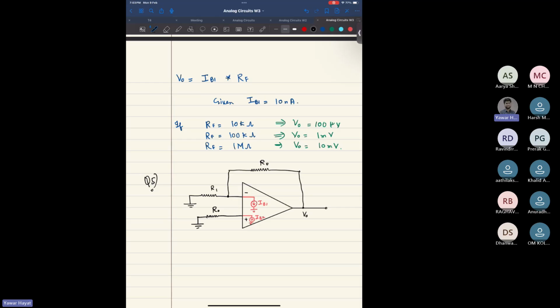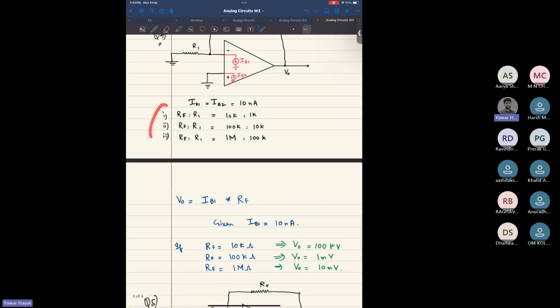So what we need to find in this question is a suitable value for R naught, right? Such that your output voltage of the circuit goes to 0. Okay, you need to find R naught such that V output goes to 0, right? I mean, you'll consider these three RF to R1 values. Let me copy them.